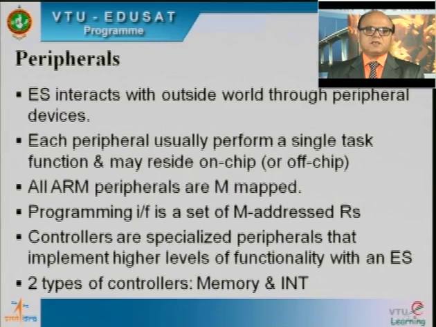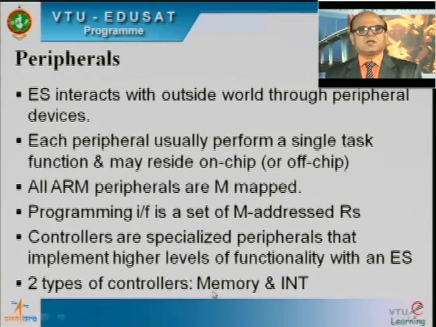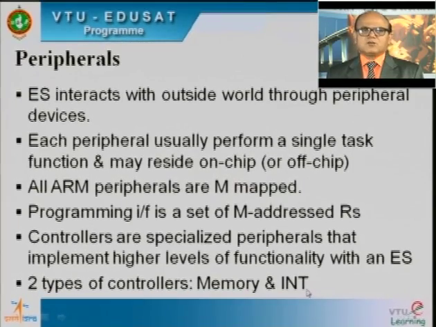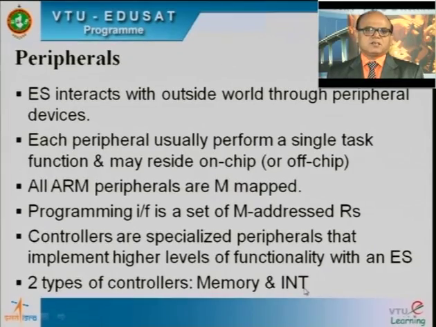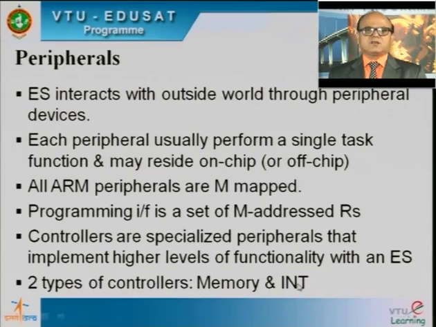In the case of controllers for the peripherals, we have two types of controllers available: mainly the memory controllers and the interrupt controllers. Basically the controllers are a mechanism to connect these units to the core.